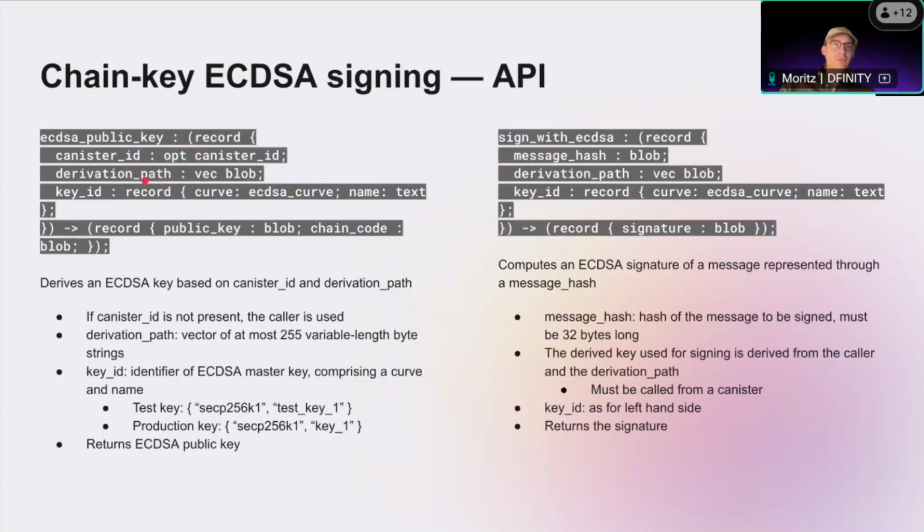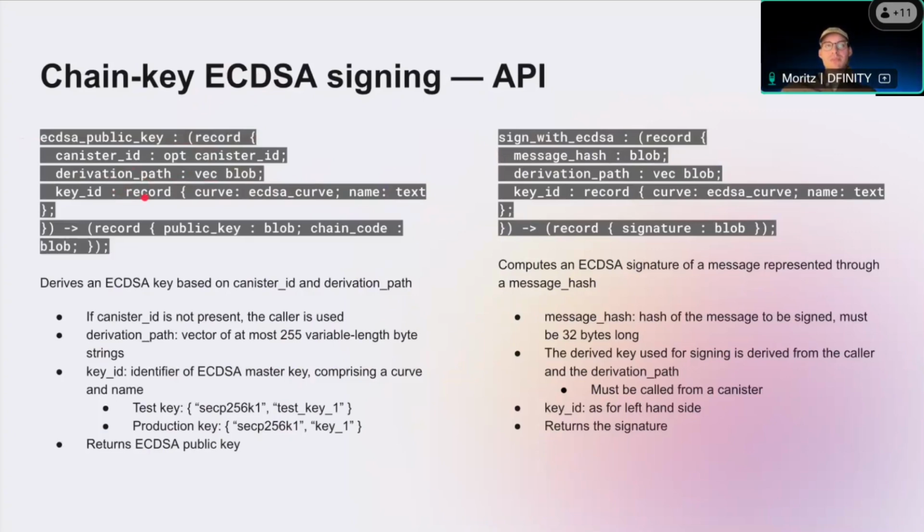You provide a derivation path, which describes at what path you want to derive a public key, and it gives you access to these derived public keys from a single canister at the root of the tree. And then you can also provide a key ID. So there's not only a single threshold ECDSA key, but there can be a number of them. So you can spin up a threshold ECDSA subnet, or a signing subnet, as we call them.